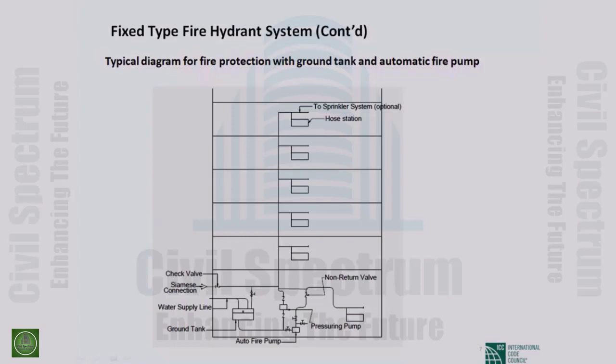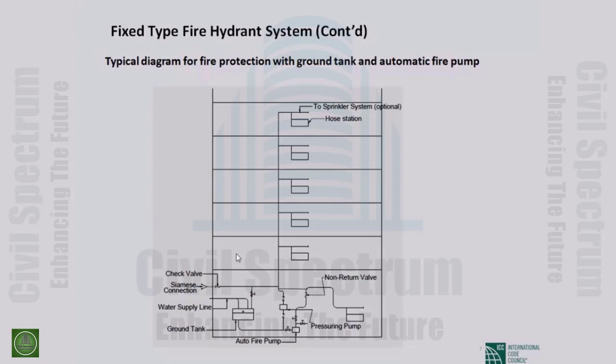In the diagram you see there is a pump, and there are actually two pumps. One is a pressurizing pump that we also call a jockey pump. That is used to initially pressurize all the area of the piping, so at the time of a fire you can have it very quickly so that we can start spraying water to the fire very quickly.